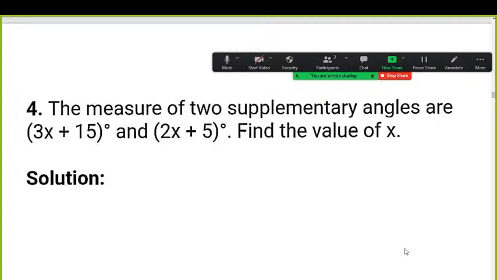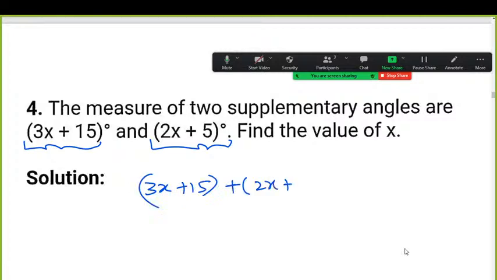You are given two supplementary angles, and you need to determine what x is. If you are given two supplementary angles, the basic thing is their sum should be 180. And if I know their sum should be 180, that means I will add like terms.